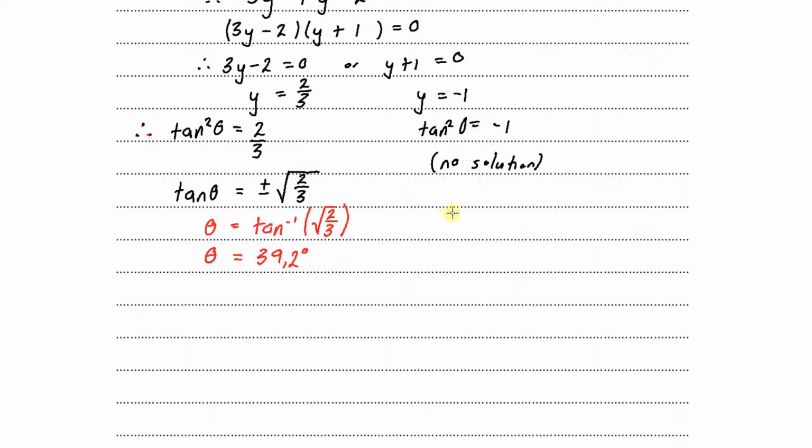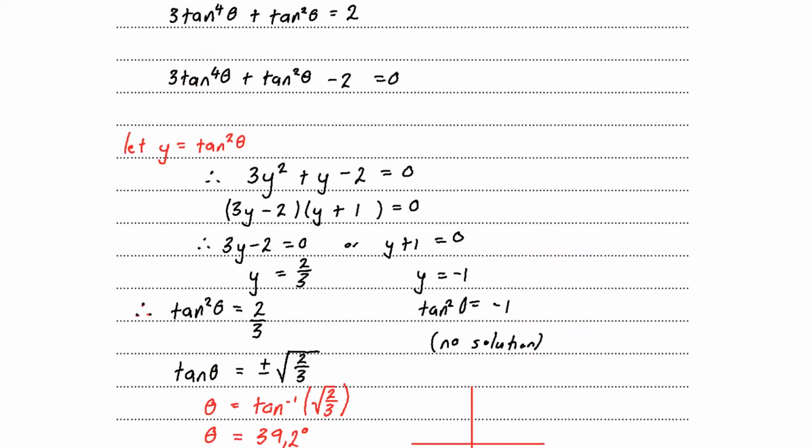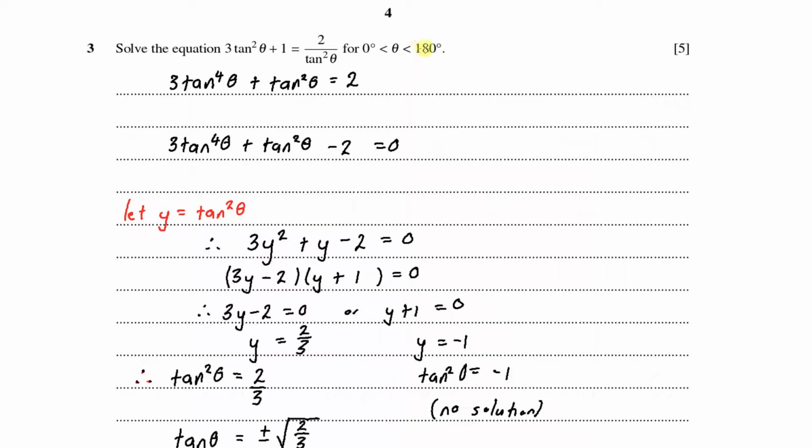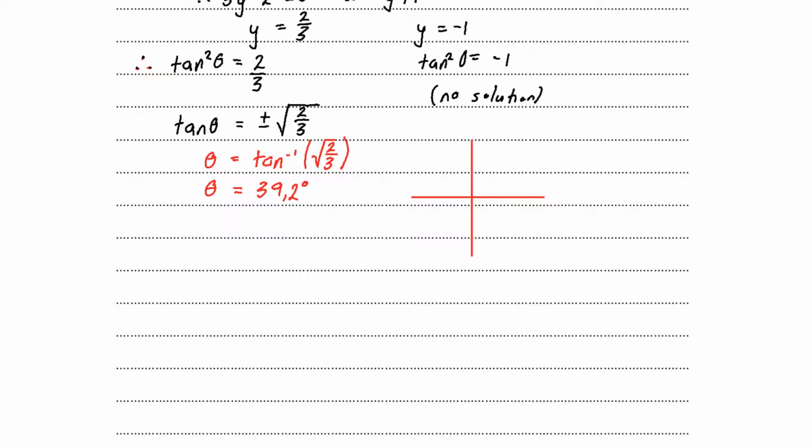Now, if I consider the quadrants, you can notice that theta will have a value in all the quadrants since tan is both positive and negative. But according to the question, they want us to find values of theta within the range 0 to 180 degrees. So the only two quadrants where we're going to have a value for theta are the first quadrant and the second quadrant.